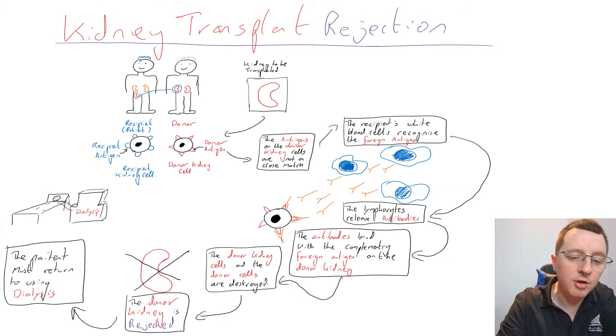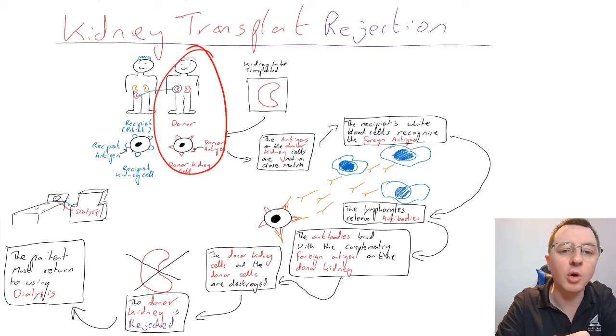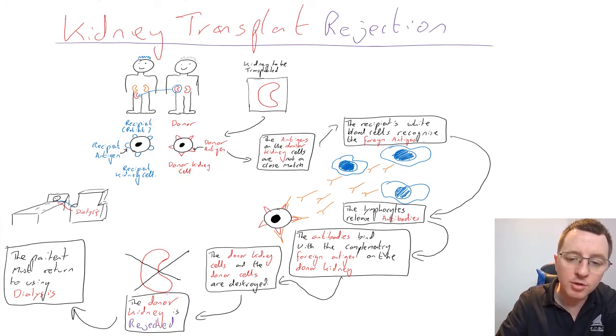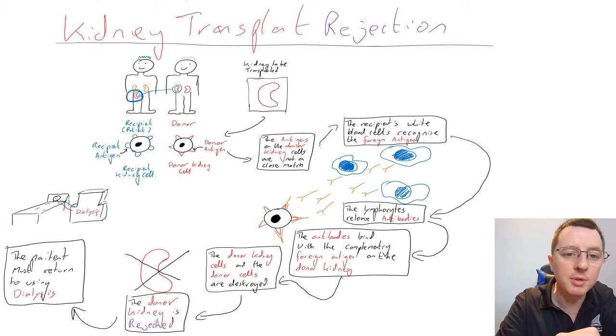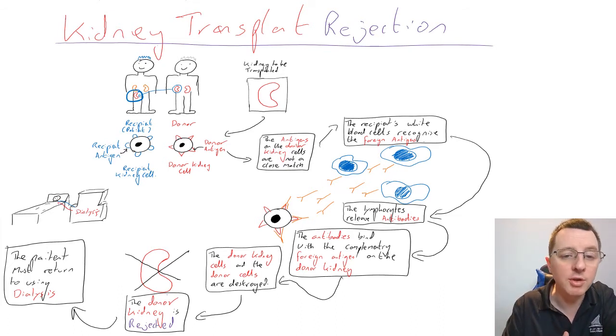So the first person we've got here in red is our donor, and this is a person who is going to donate the kidney, and you can see the line in blue showing you that that kidney is now in the recipient patient here. But the key to this is to notice the structure of the cells and compare the cells in the kidney from a donor to the cells in the kidney of a recipient.